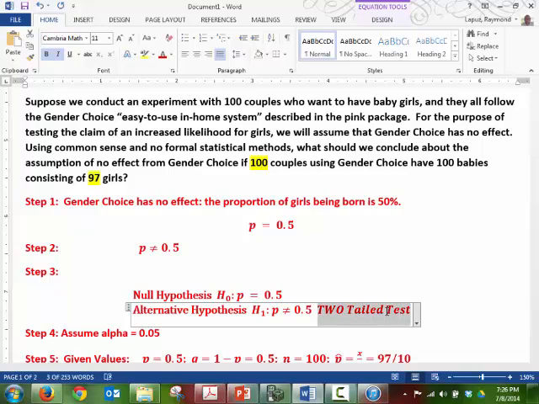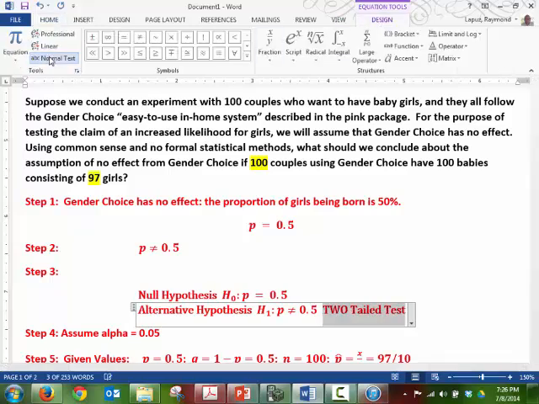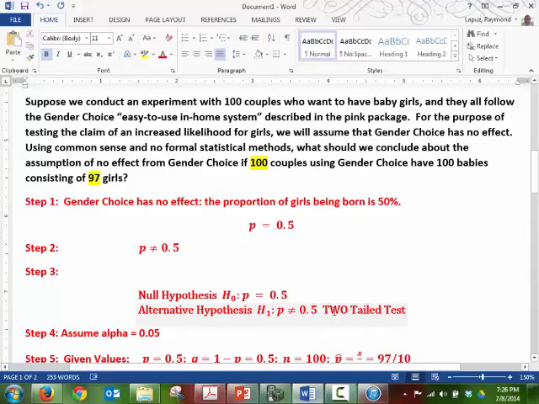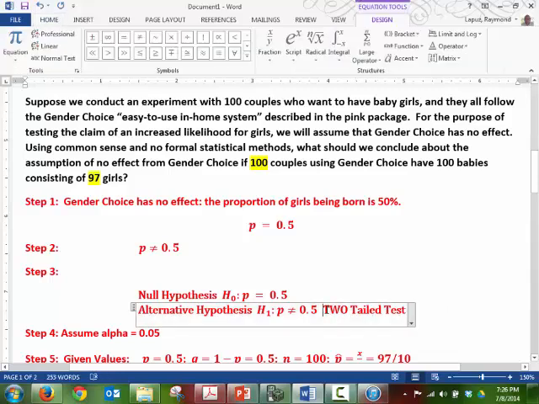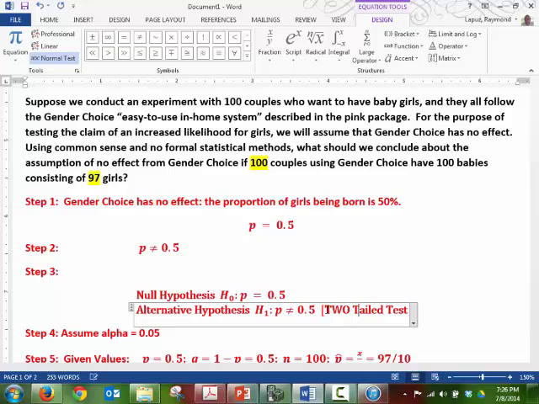If it's less than or greater than, it's going to be a one-tail test.